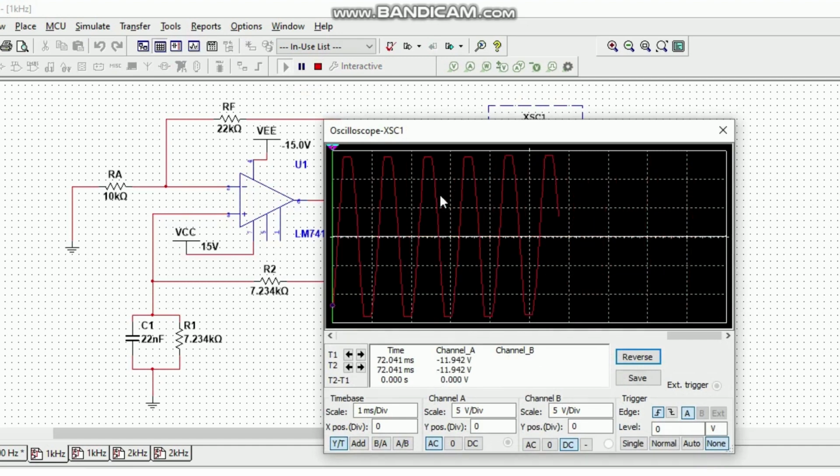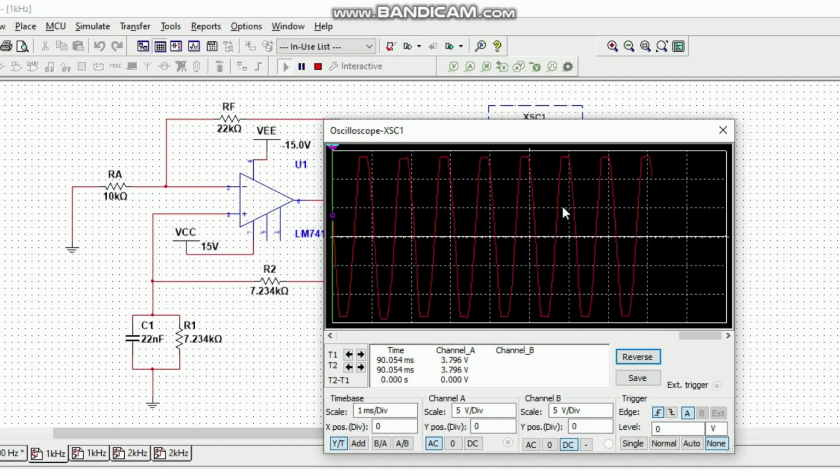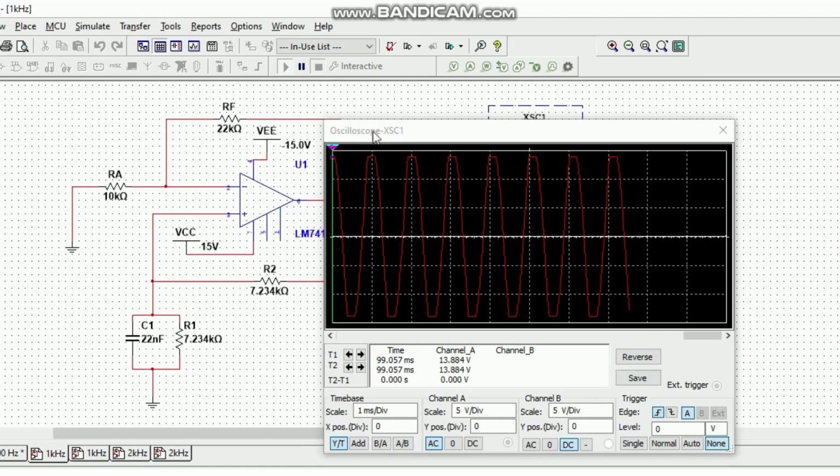The plot still has some distortion, it's not a perfect sine wave. The period of this circuit is about 1.004 milliseconds, and it gives a frequency of 996 Hz, which is very near to our targeted frequency.